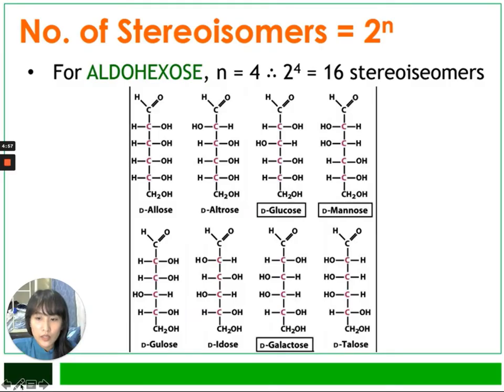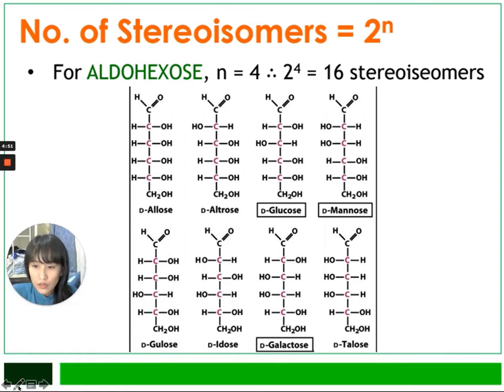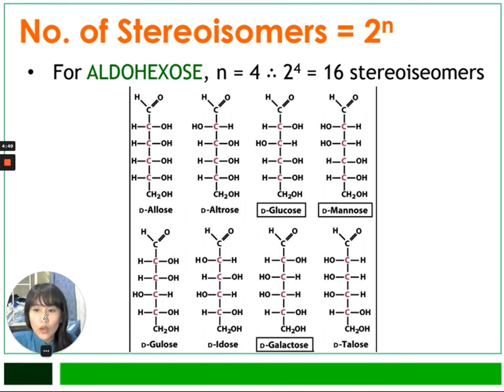Now we are here in the aldohexose, but first let me just get the pen here. Alright, we are given an aldohexose, actually too many aldohexoses here. When you say hexose, meaning you are given 6 carbon units in a carbon chain: 1, 2, 3, 4, 5, and 6. So how many chiral centers does it have? We have here 1, 2, 3, and 4.